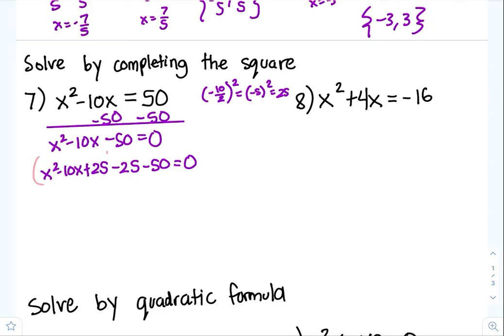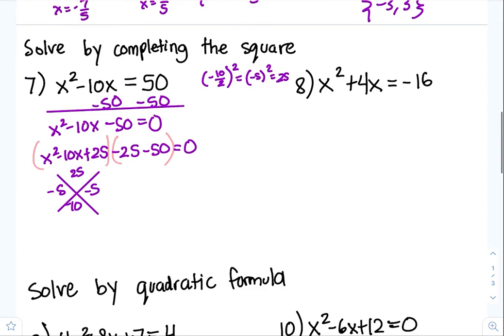because then you can do this, where you factor the first part and then simplify the next part. So again, this is doing your x method. So two things that multiply to 25, and when you add give you -10: -5 and -5. So this is going to give you x minus 5 times x minus 5, which is the same thing as x minus 5 squared, right?